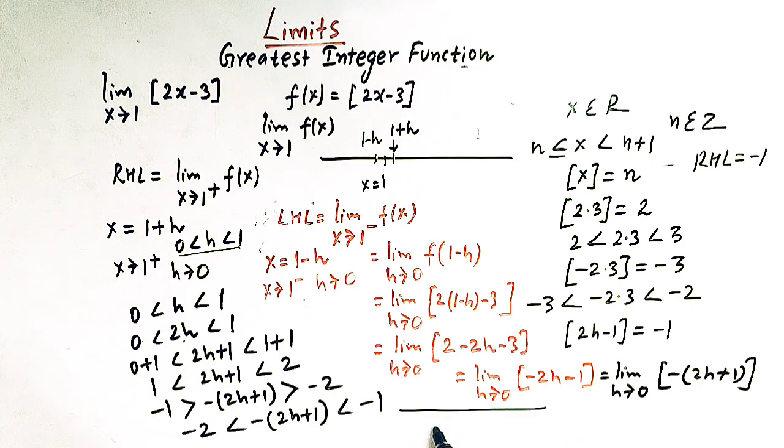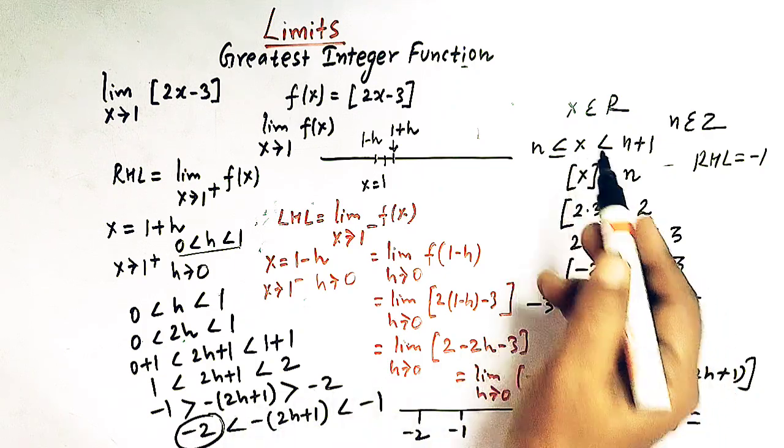So minus of 2h plus 1 lies between minus 2 and minus 1. So here we have the real number line, and here we have minus 1, and here we have minus 2. So minus of 2h plus 1 lies somewhere between minus 2 and minus 1. So the greatest integer of minus of 2h plus 1 should be equal to minus 2 due to this definition.